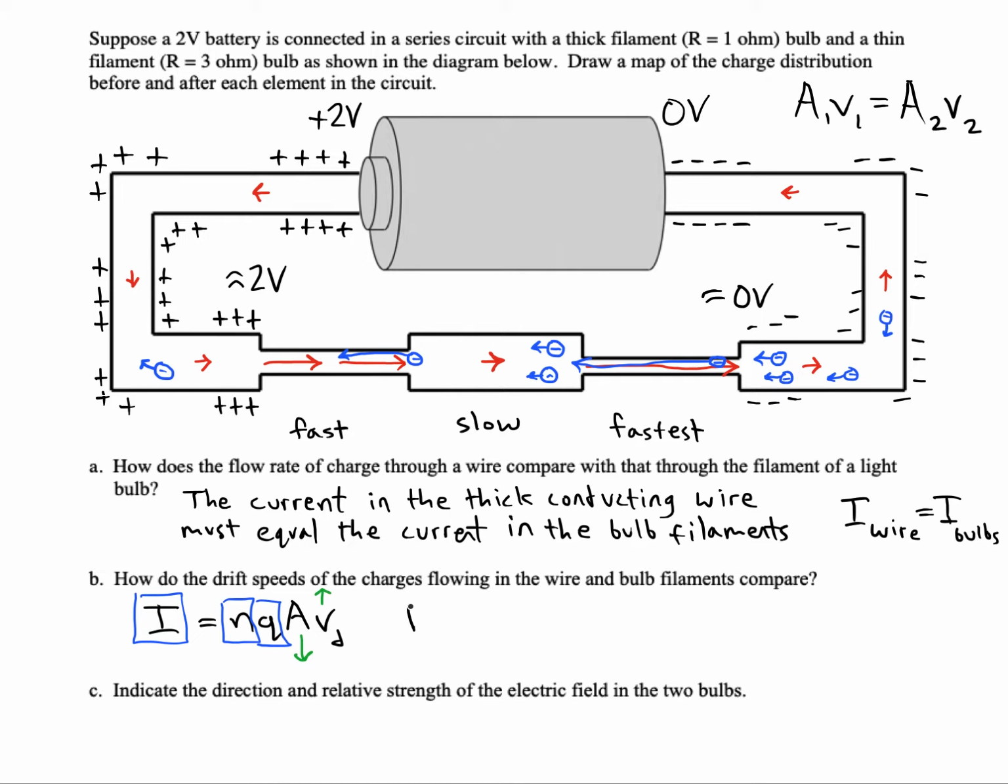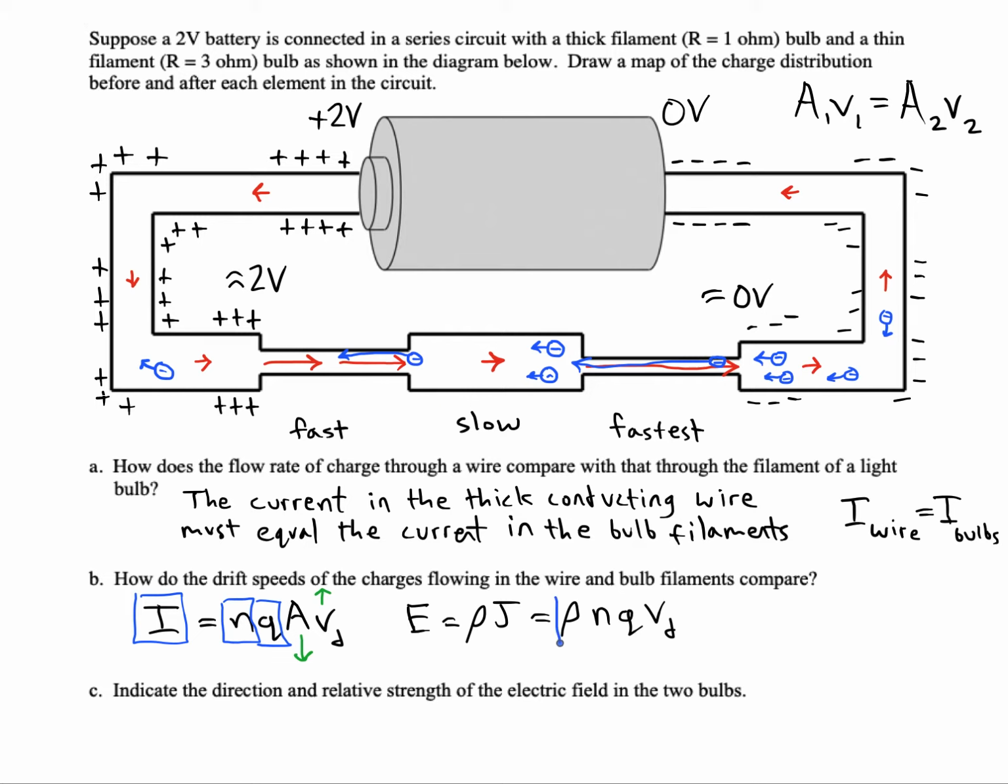We also have the formula E equals the resistivity times J. And J was NQVD.